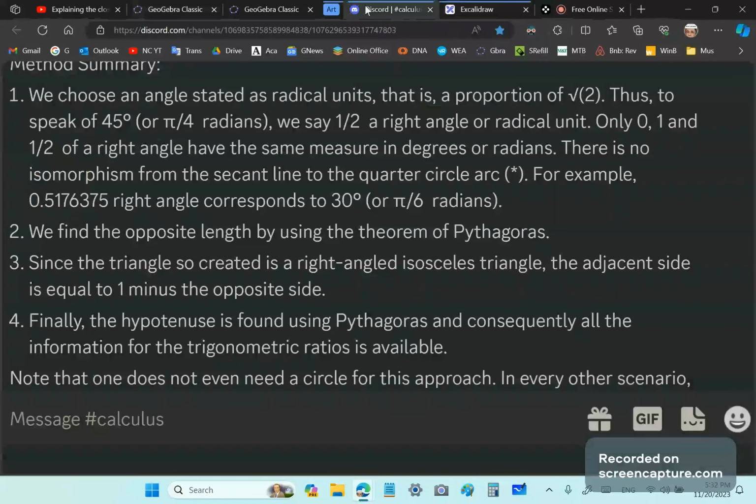So only 0, 1, and half of a right angle have the same measure in degrees and radians. There is no other isomorphism from the secant line, as I've just explained, to the quarter circle arc. So, for example, this part of a right angle corresponds to 30 degrees.